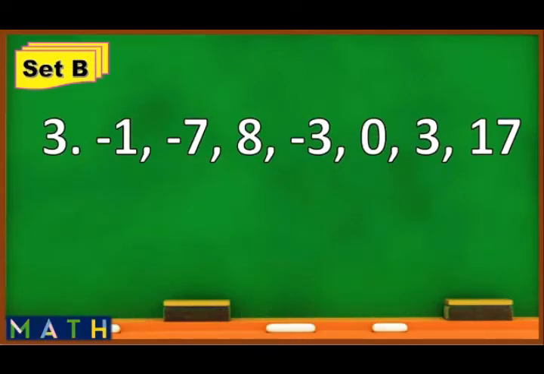For item number 3, the given integers are -1, -7, +8, -3, 0, and +3. What is the correct answer?